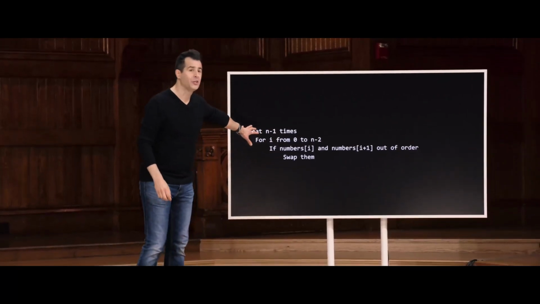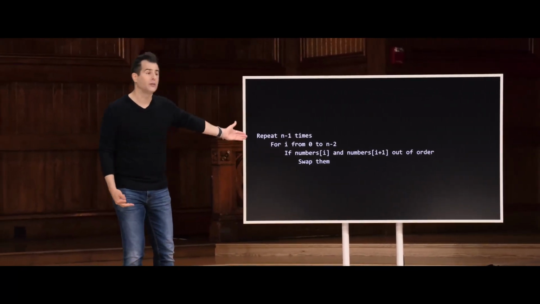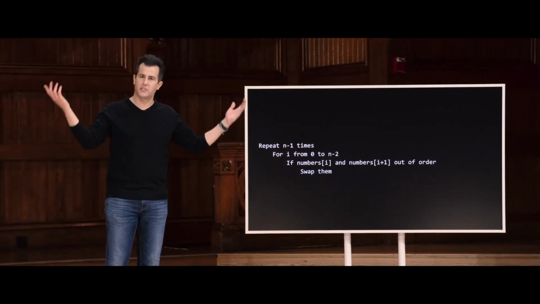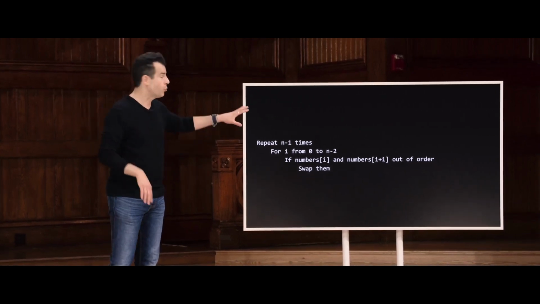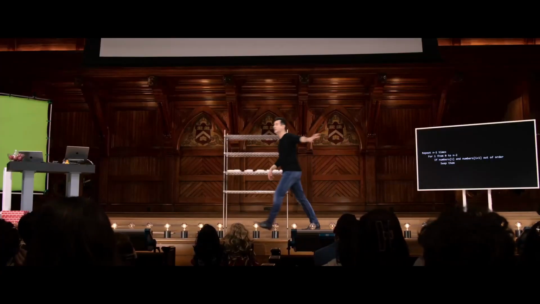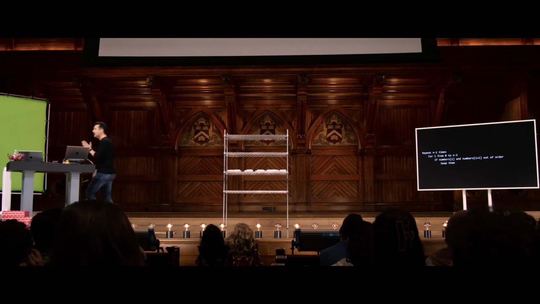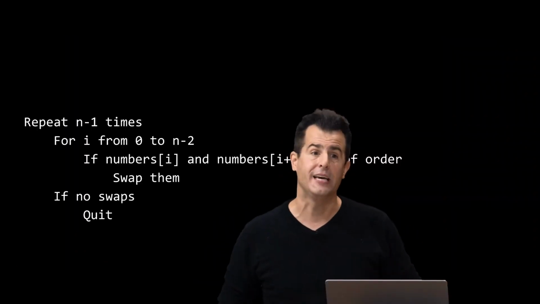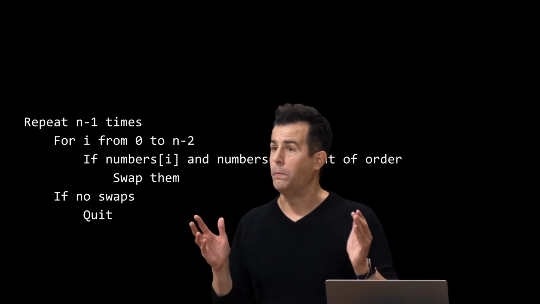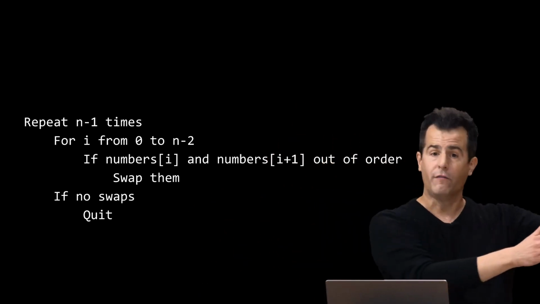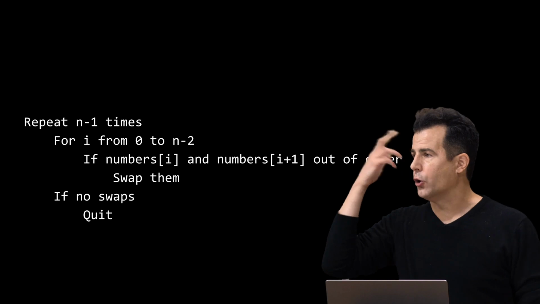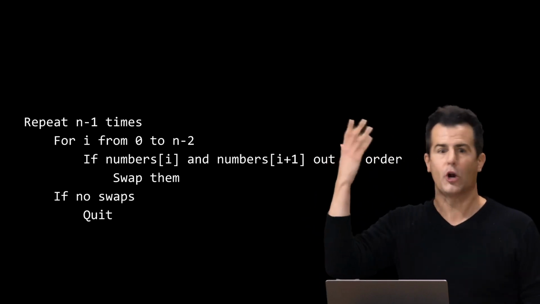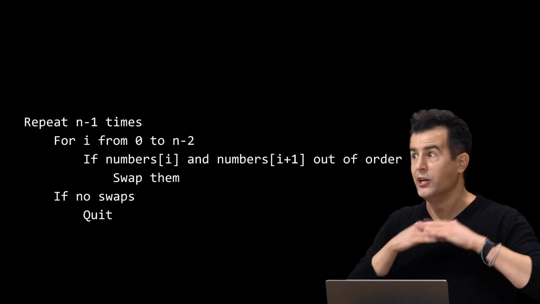But what if the list is already sorted? Our pseudocode at the moment has no allowance for if the list is already sorted, quit early. So we're going to blindly do n minus 1 things n minus 1 times unless we modify our pseudocode. As I did verbally earlier, I propose this. Inside of that outer loop, if you make a pass across all of the volunteers and your mental counter has made no swaps, you have to keep track with some kind of variable, well, then you might as well stop.